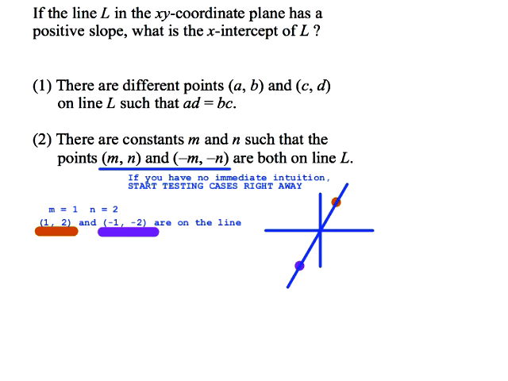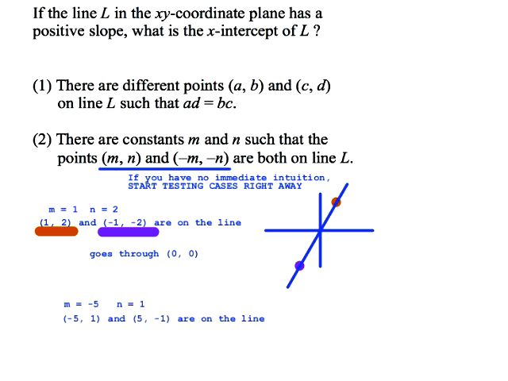It's going to go through 0, 0. If you try some negatives, it's going to switch the quadrants that the points are in, but you're going to wind up with the same result. So that means that -5, 1 and +5, -1 are on the line.